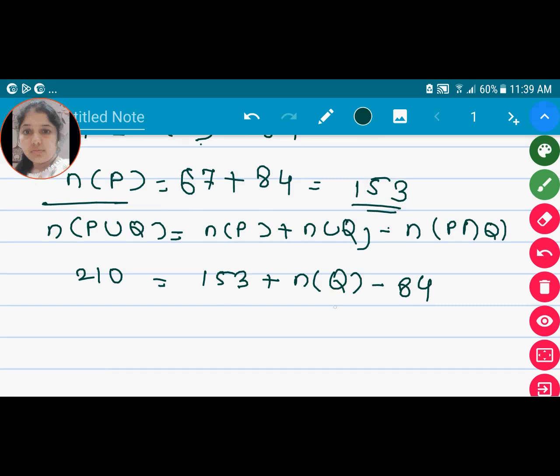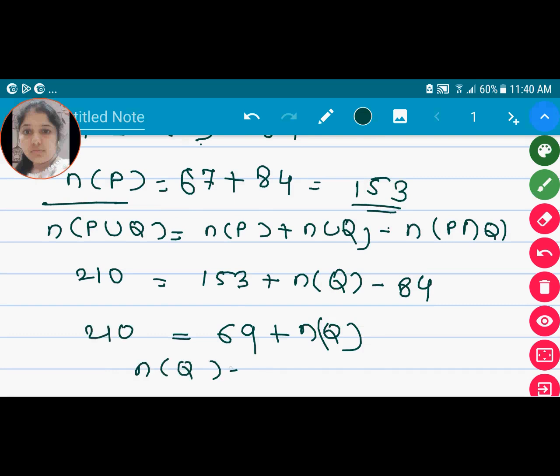Now 153 minus 84 is equal to 13 minus 4, 9, and 6, 69. 69 plus number of elements in Q is equal to 210.